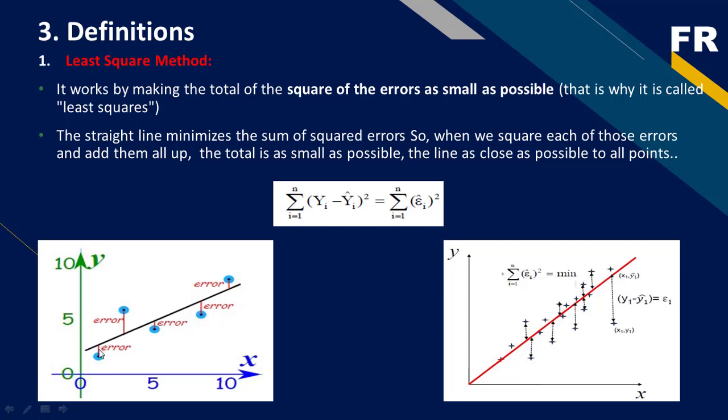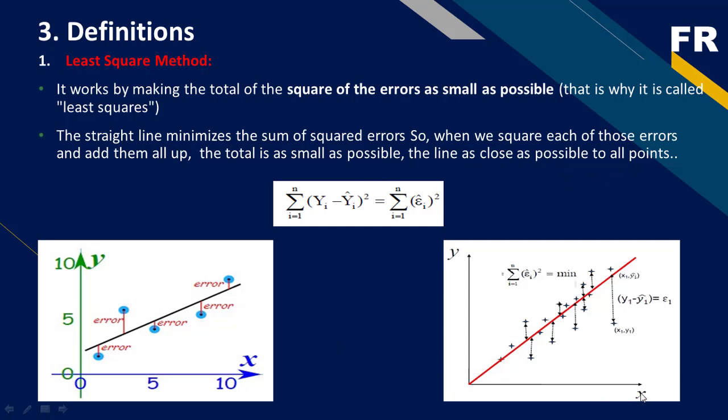We draw this line in such a way that it is very close to all the points and the error between these points is as small as possible. So the straight line minimizes the sum of the squared errors. When we square each of these errors and add them all up, the total is as small as possible, and the line is as close as possible to all points.